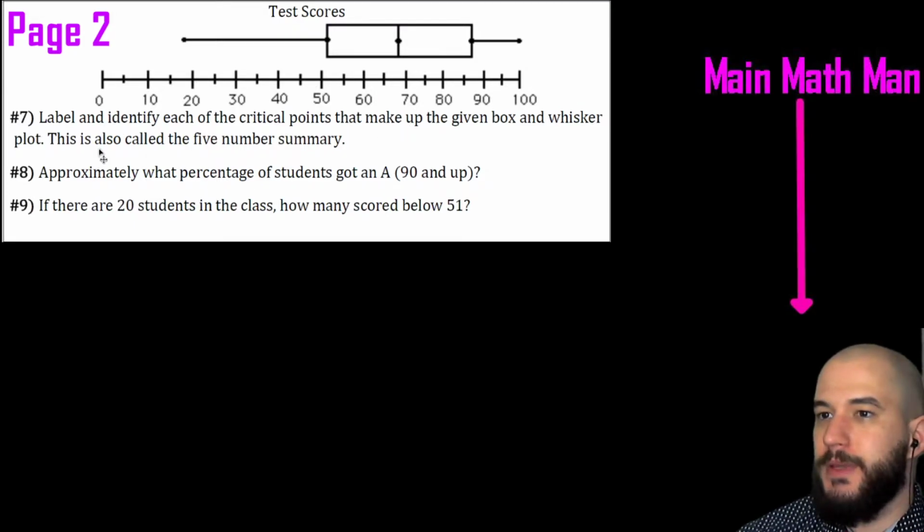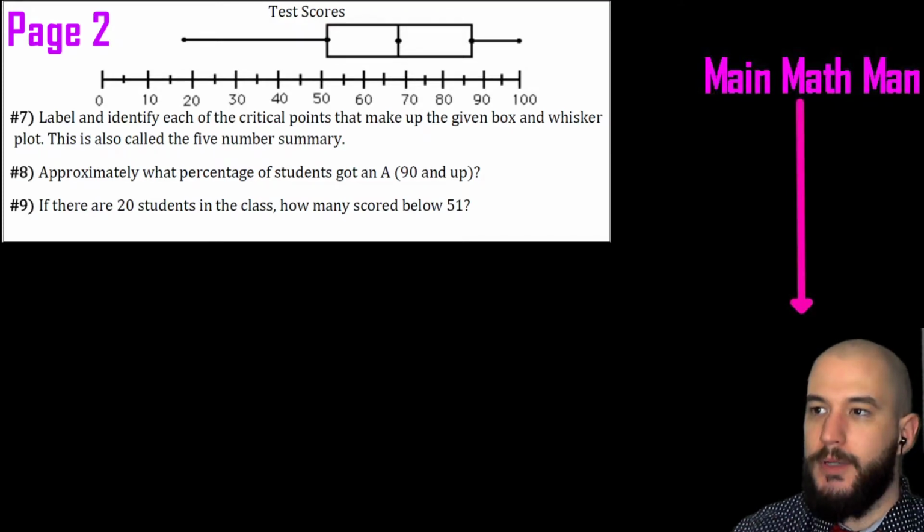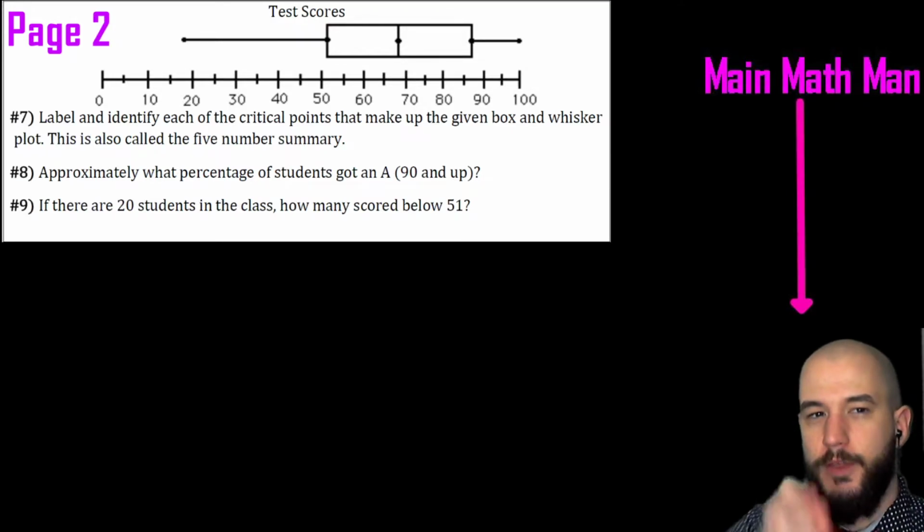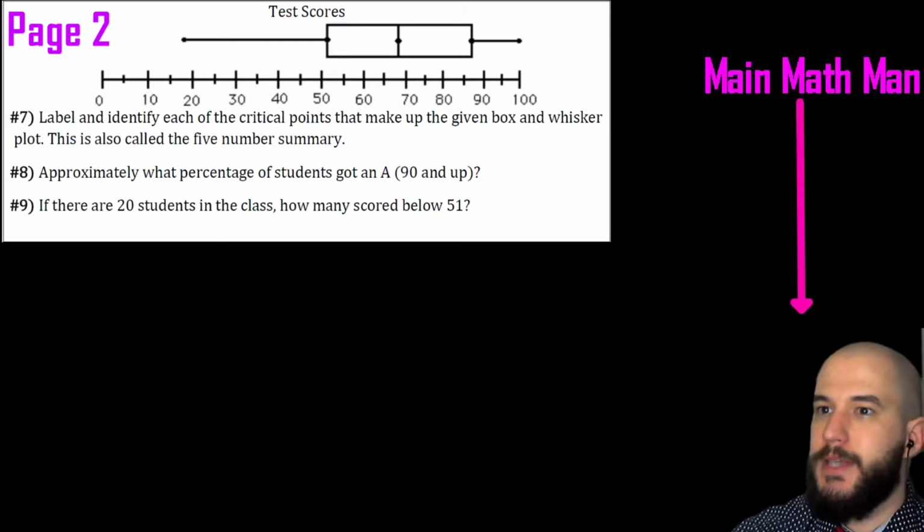It's very simply saying label and identify each of the critical points that make up the given box and whisker plot. This is also called the 5-number summary. So it's just those 5 numbers that you're using to build a box plot. Again, that's where we draw those vertical lines. So you can say, all right, I have my lower extreme, which is my min.